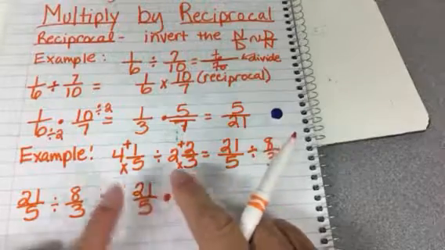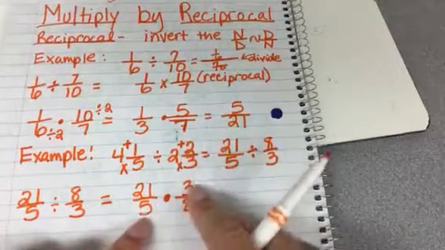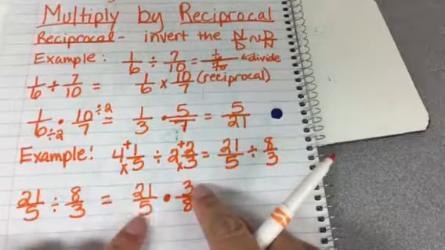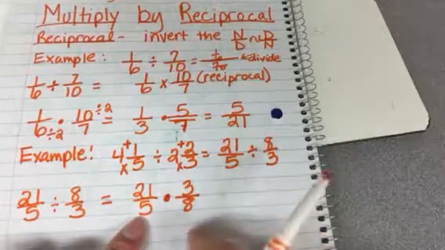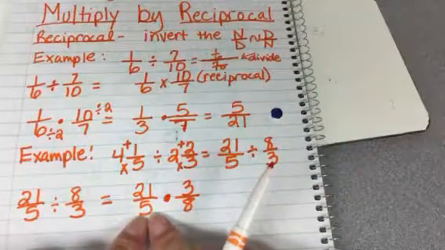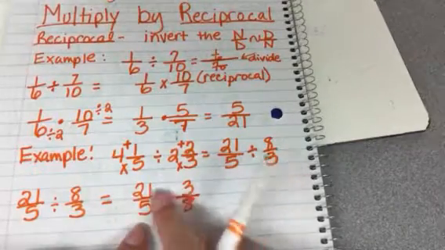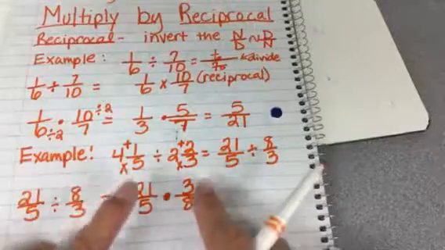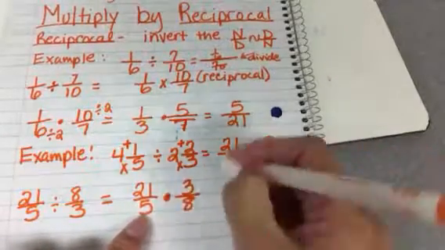Okay, so now I can check, is there anything that I can reduce by? 21 can be reduced by 1, 3, and 7, but I do see a 3, but don't be confused. You have to divide numerator and denominator. So I don't see that being a possibility here. 5 can only be divisible by 1 and 5, and neither one of my numerators is divisible by 5.